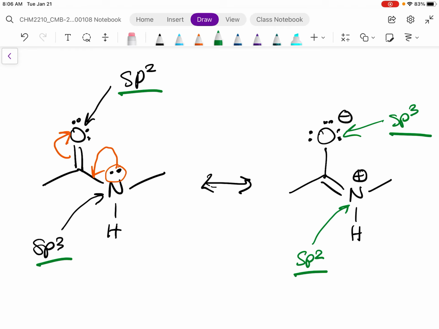When you take a look at both resonance structures, you're just going to take the hybridization state with the smallest number. So you see sp3 on the left, sp2 on the right. And so what's the hybridization state of the nitrogen atom? sp2.